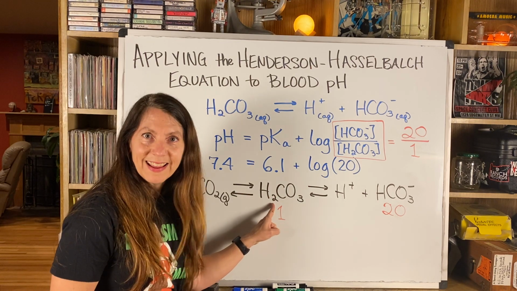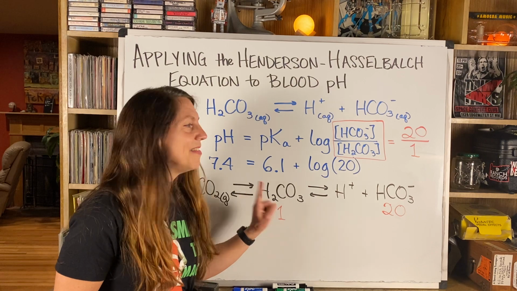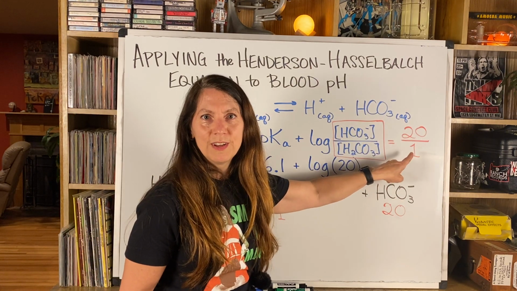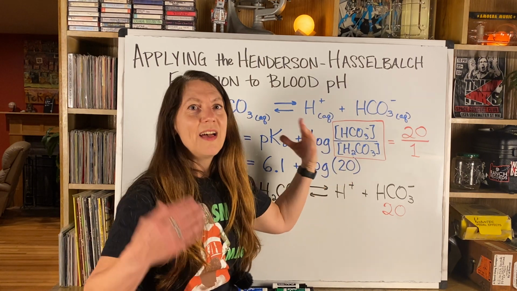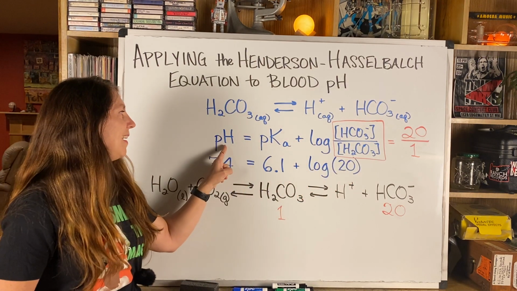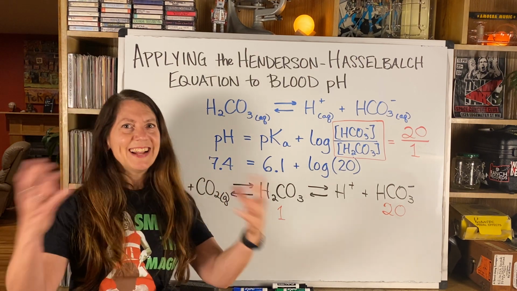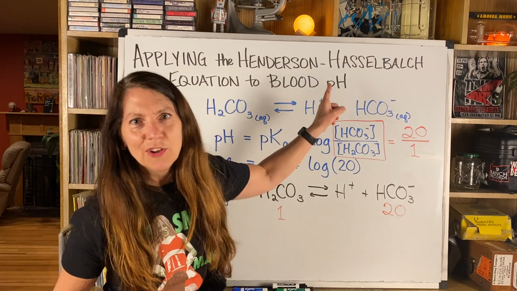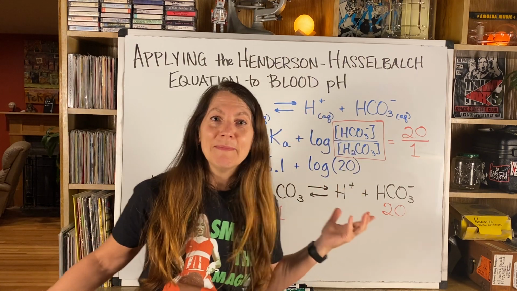We're maintaining a low concentration of carbonic acid, thereby achieving this ratio of bicarbonate to carbonic acid, thereby maintaining a pH of 7.4. Ta-da! Our bodies are amazing. Chemistry is amazing. Henderson-Hasselbalch equation is amazing. I love it.